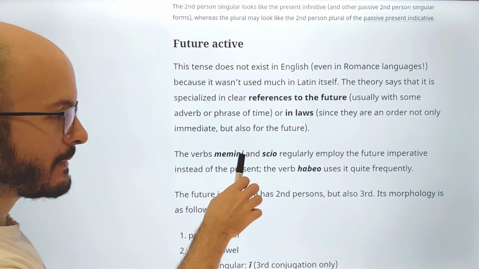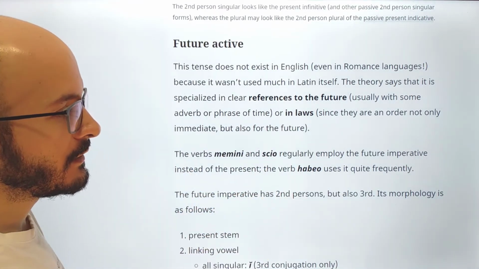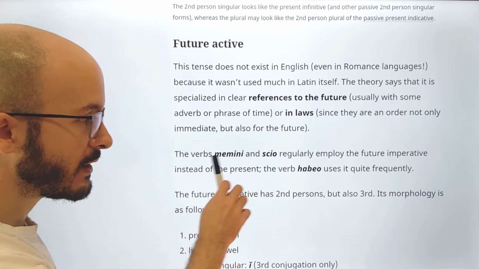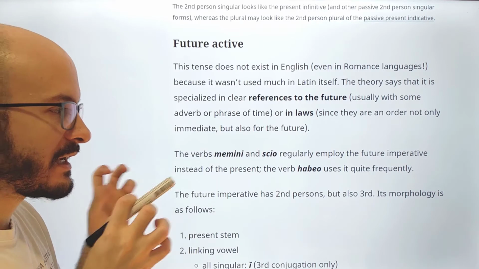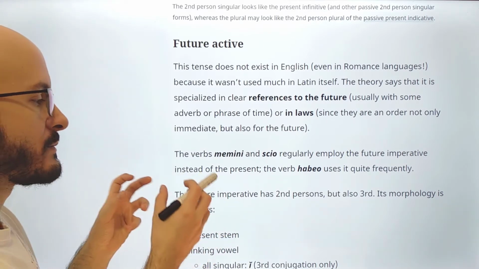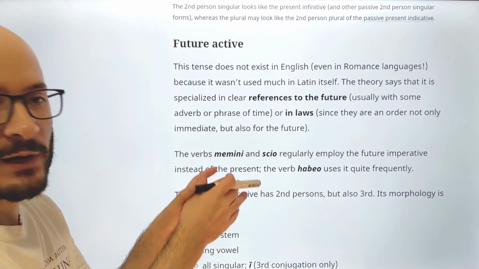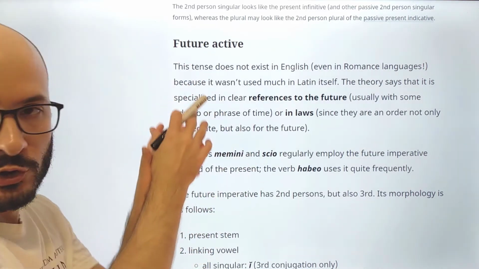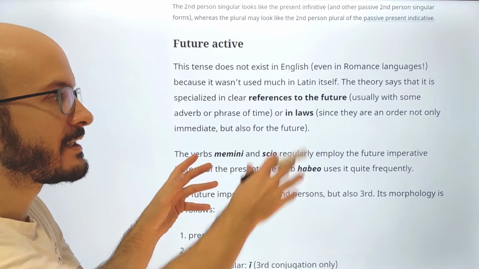The verbs memini and scio regularly employ the future imperative instead of the present. So these verbs don't usually have a present imperative. There is only the future imperative, even if it doesn't mean the future.